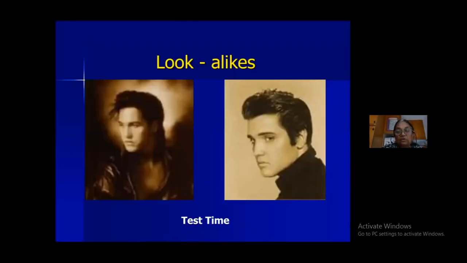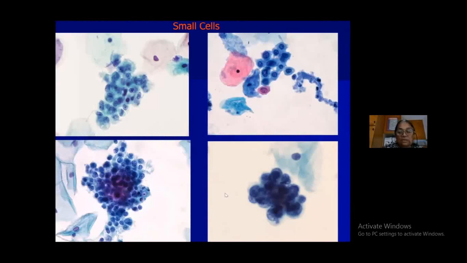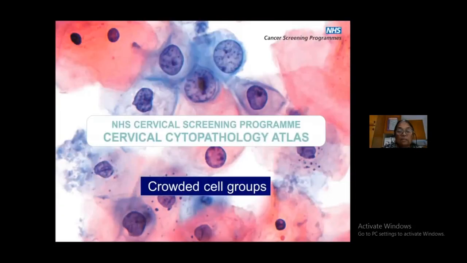Okay, so now let's look at lookalikes. The problem with small cells: all these things give small cells. Some are negative, some are cancer. Histiocytes, immature metaplastic cells, follicular cervicitis, and endometrial cells can all give small cells and are difficult to differentiate from small cell cancer.